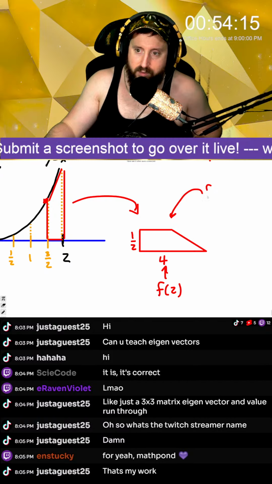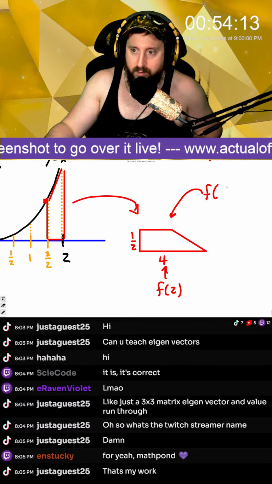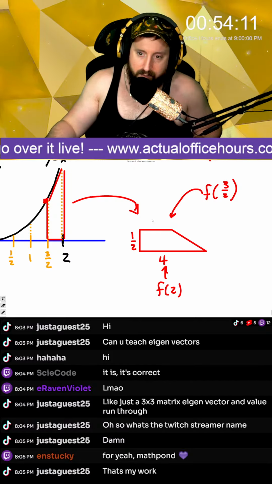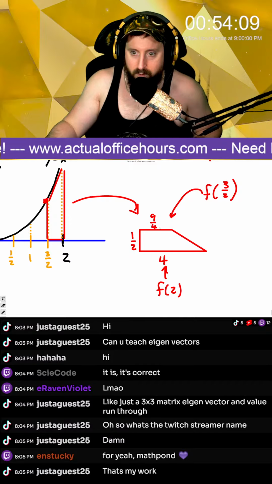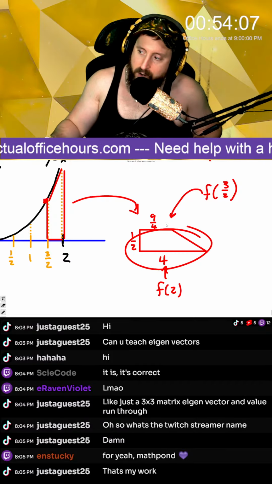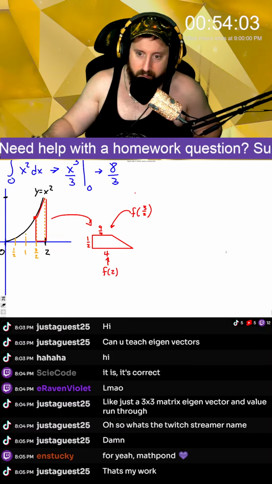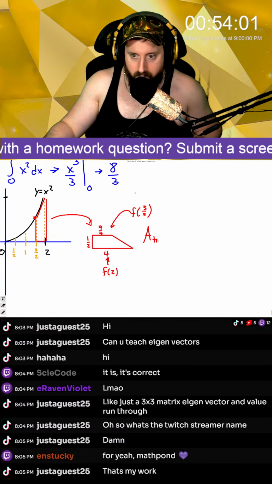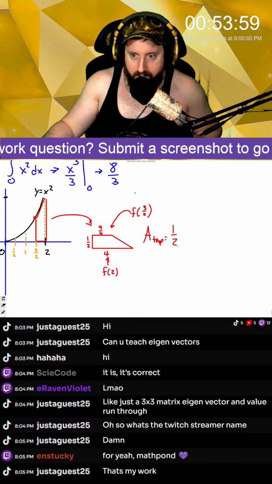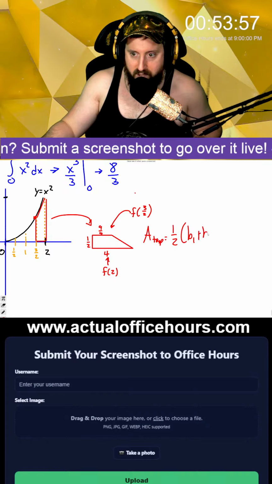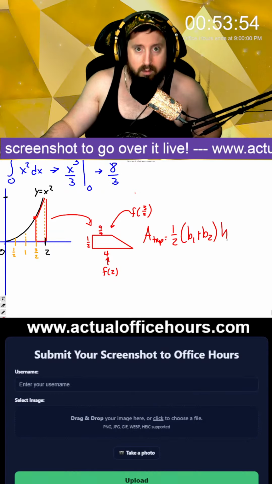So the other way we would say this is f of 3/2. And that's going to be equal to 9/4. Okay? And so now you want to find the area of this, right? And if we remember the area of a trapezoid, that's equal to 1/2 base 1 plus base 2 times height.